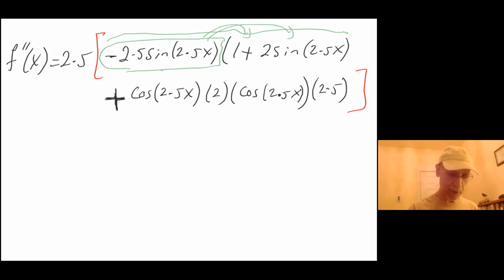And here I'm going to combine because I have cosine of 2.5x here and I have another cosine of 2.5x here.